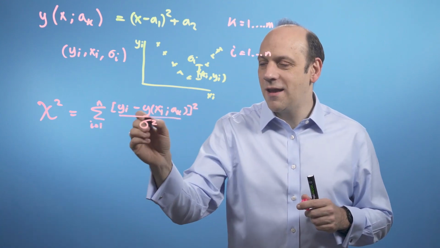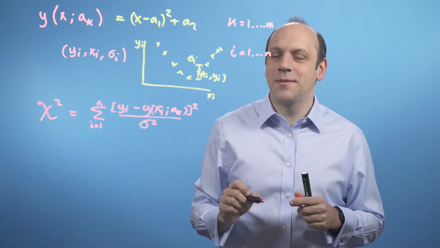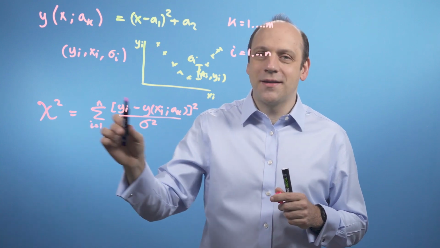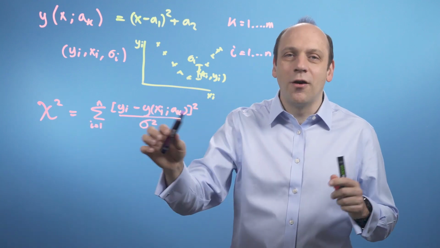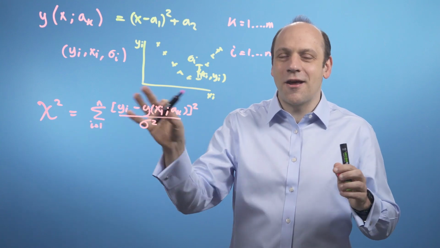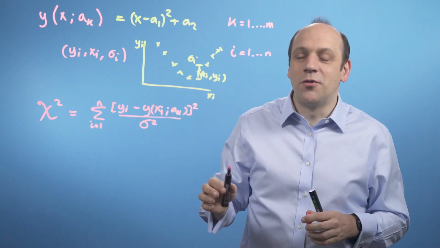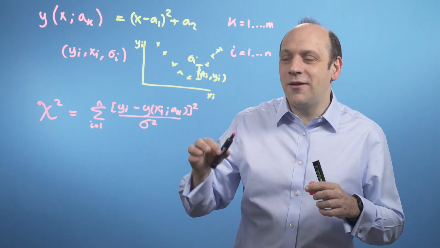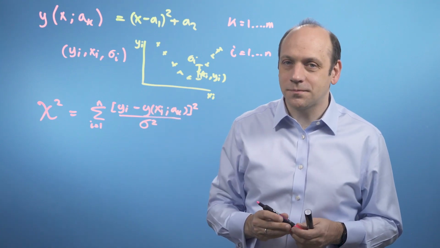So what I'm doing here is I'm penalising each of these differences by an uncertainty sigma squared when I make chi squared, so that uncertain data points have a low weight in my sum of chi squared, so that they don't affect the fit too much. If we don't know what the sigmas are, we could assign them all to be 1, right? This will just drop out. But if we have an idea of the measurement uncertainties, this gives us a way to include it.